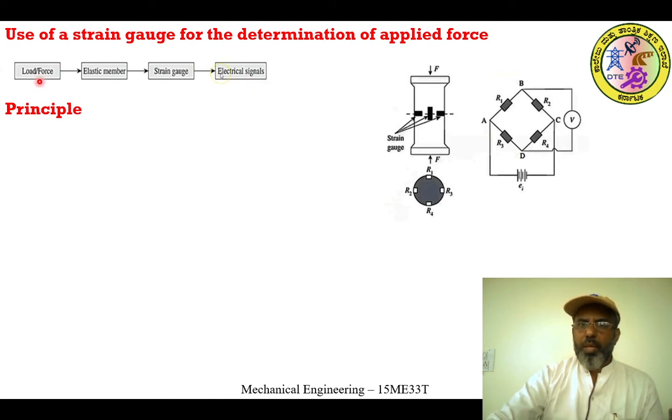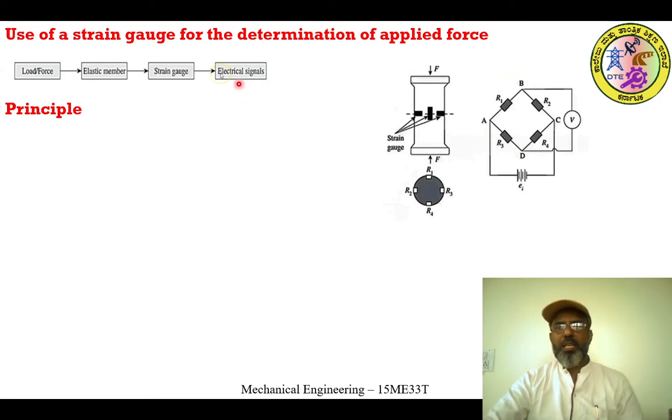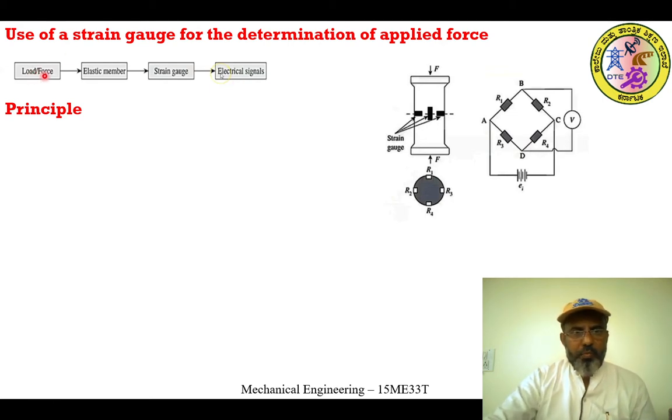In a strain gauge type load cell, the load or force is applied on the elastic member. This is the block diagram explaining the strain gauge type load cell. When the load is applied on the elastic member, what happens?